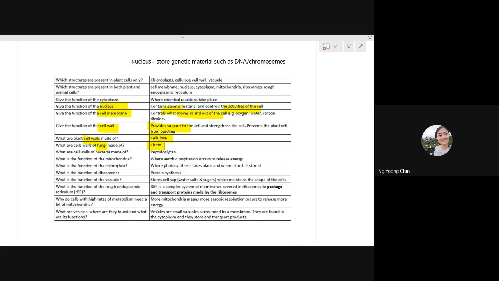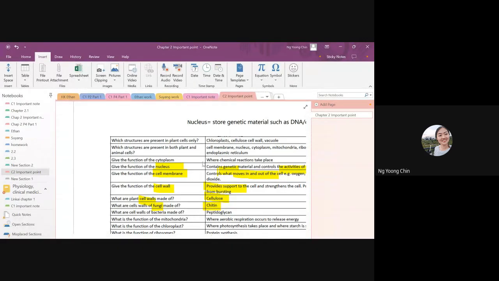I'm not sure if you hate cockroaches, but I hate cockroaches a lot. Cockroaches have a very hard outer exoskeleton, right? Maybe I can show you an example of the exoskeleton, because the majority of exoskeletons are made up of chitin, especially in insects.